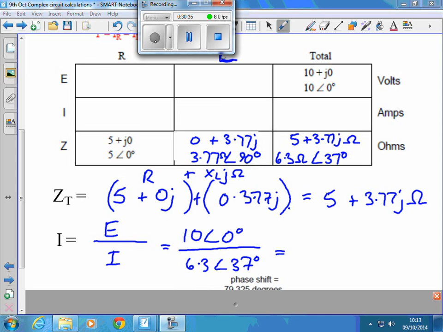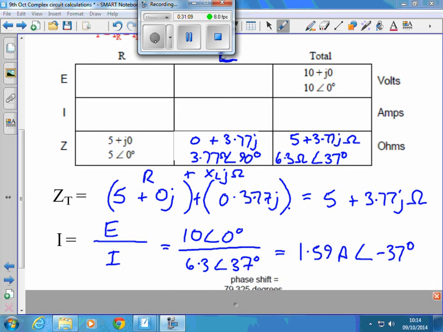So let's have the result of that, please, gents. 10 over 6.3 is 1.59, so 1.59 amps, angle minus 37 degrees.